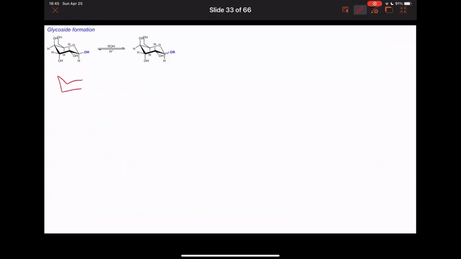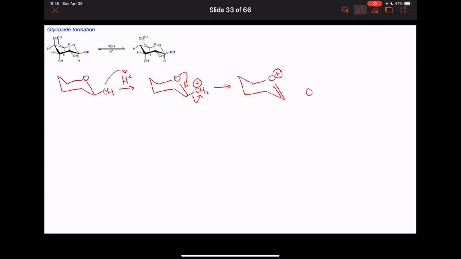For the reaction, I'm again going to abbreviate the sugar, but your first step will be to protonate. You protonate the hydroxyl to make water, a good leaving group. The electrons on your internal oxygen will come down to kick off your good leaving group, and we get a double bond formed in here. Once we have this intermediate, whatever OR group we want will come in to attack to relieve the positive charge.